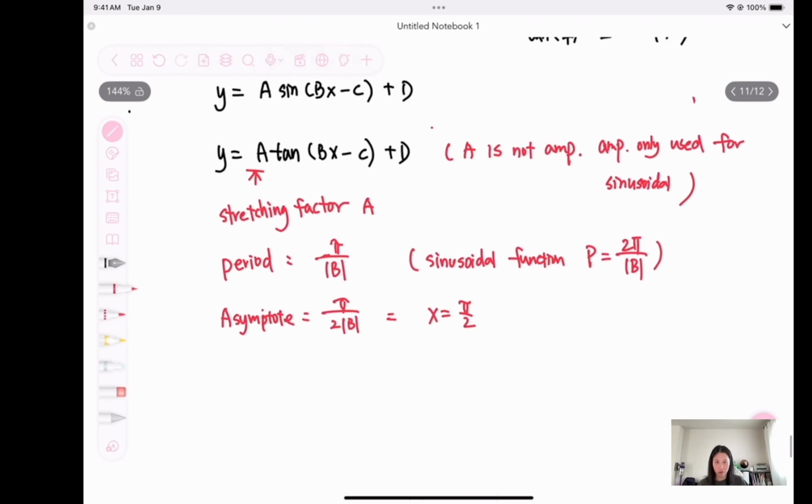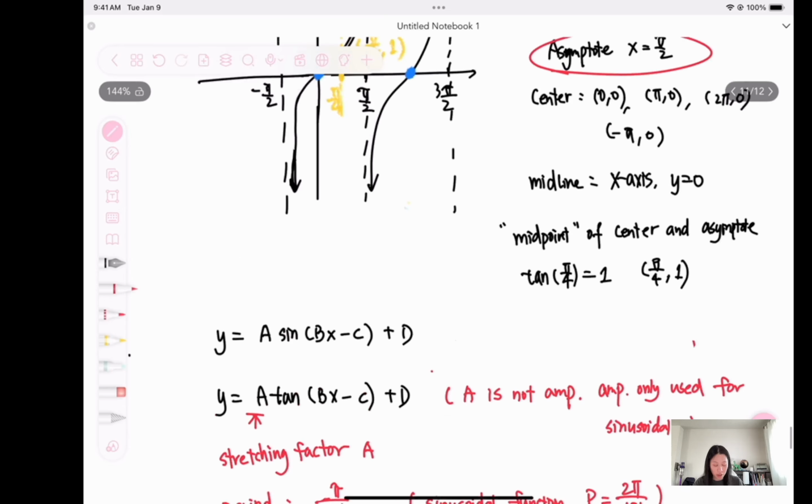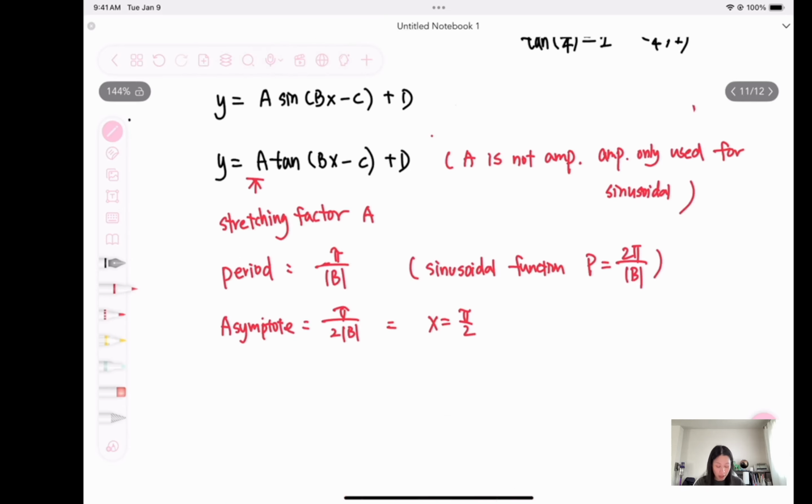We just observed that from the graph. And since the asymptote also repeats in every period, we will have many asymptotes, such as pi over 2 at another period.